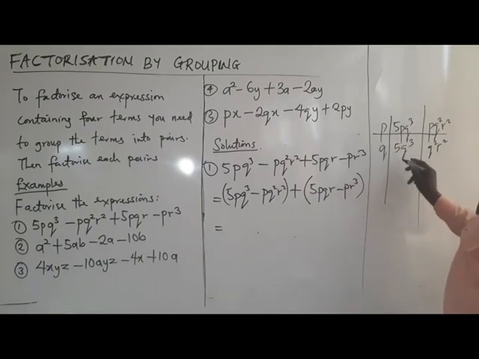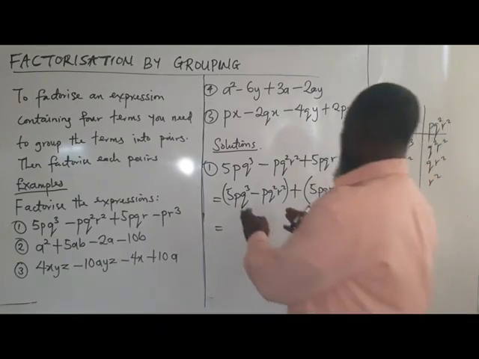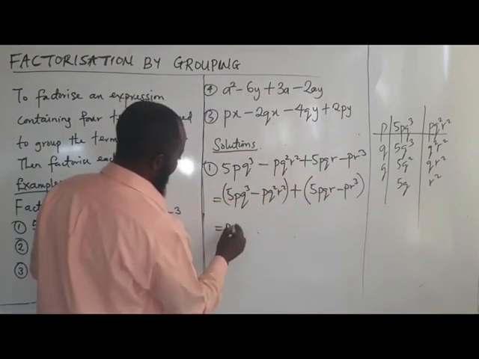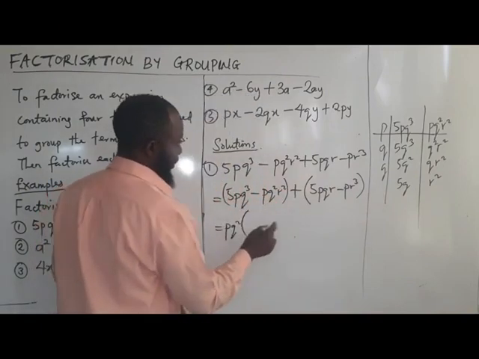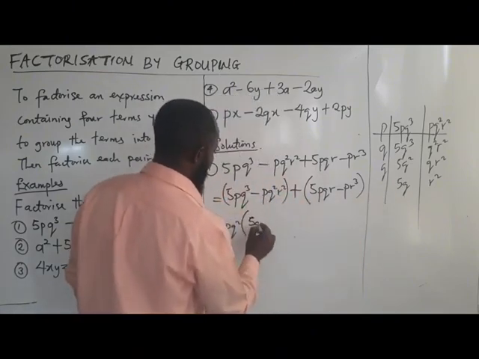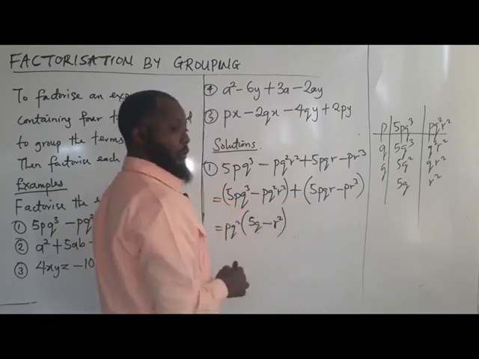Then q is also common, so we have 5q squared and qr squared. Q is still common, so we have 5q and r squared. We don't have any more common factors. So our HCF is pq squared, which means what we're going to have in the bracket is 5q minus r squared. We close this.